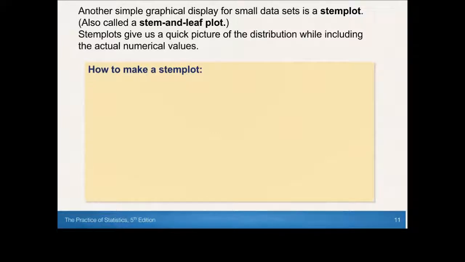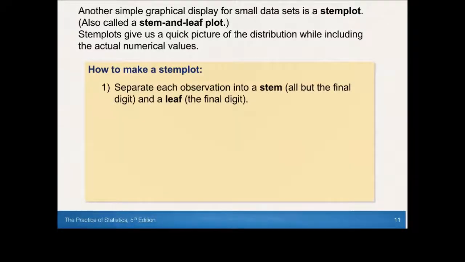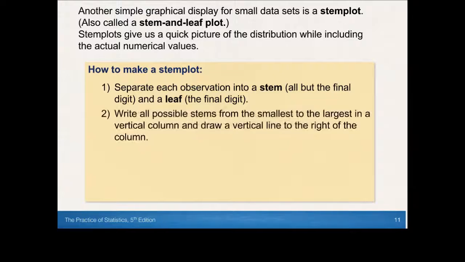To make the stem plot, we're going to separate each observation into a stem, all but the final digit, and a leaf, which will be the final digit. You'll see how that works in a second.